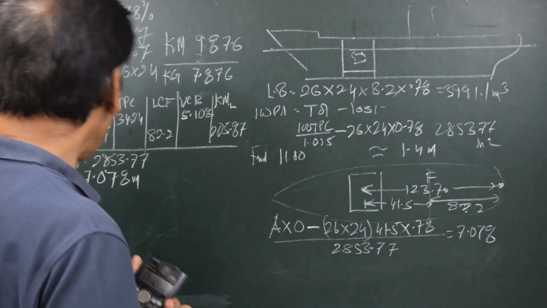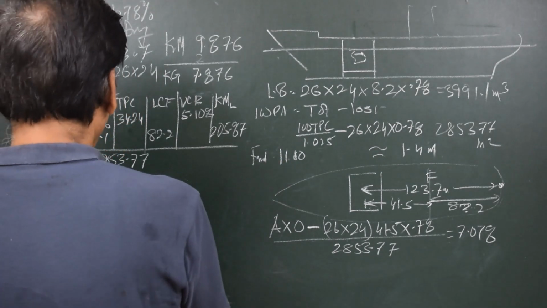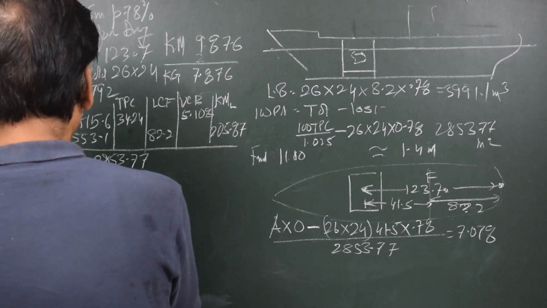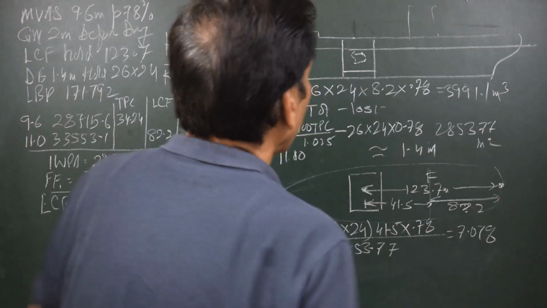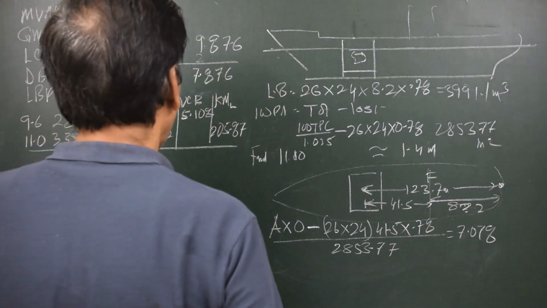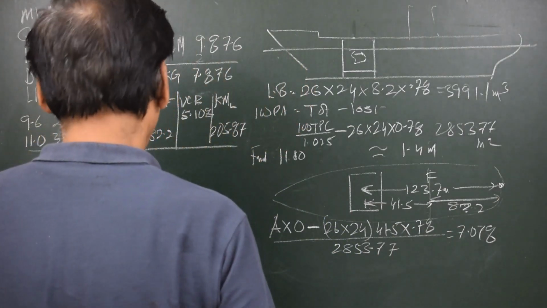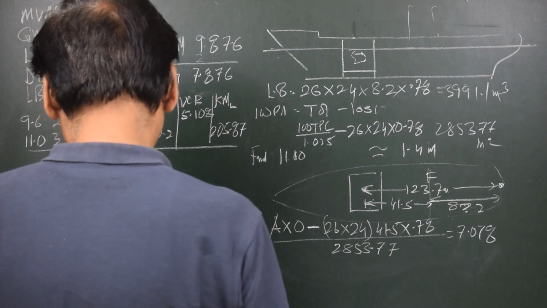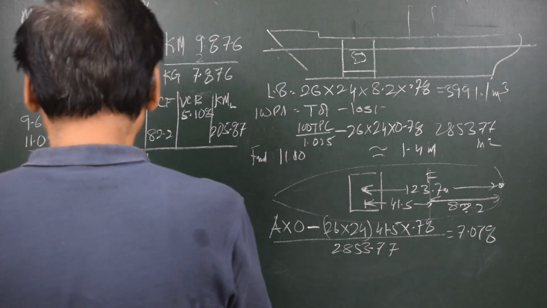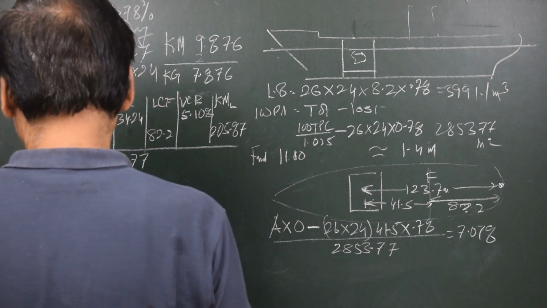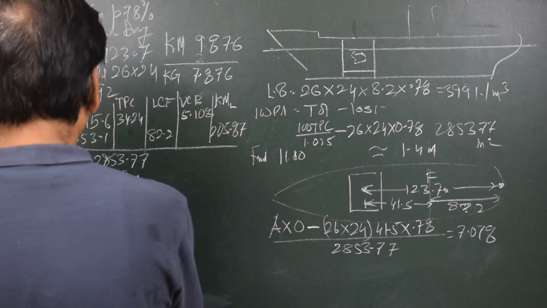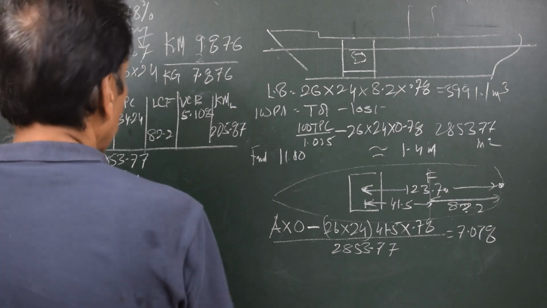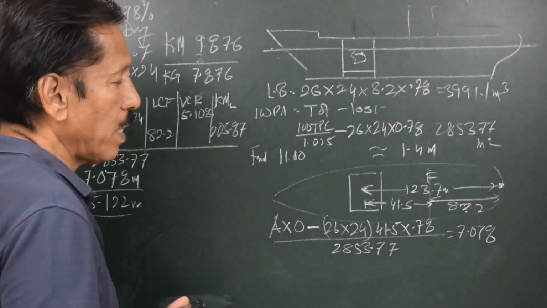So in the final condition, now that we have got FF1, the final LCF1, because the center of flotation has shifted aft, so the new center of flotation will be the final center of flotation, that is 82.2 minus the FF1. So that gives me 75.122 meters. That is the center of flotation in the final condition.